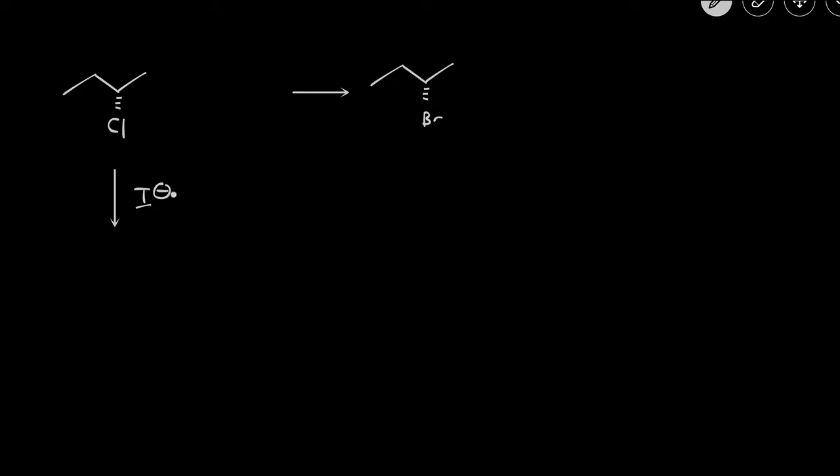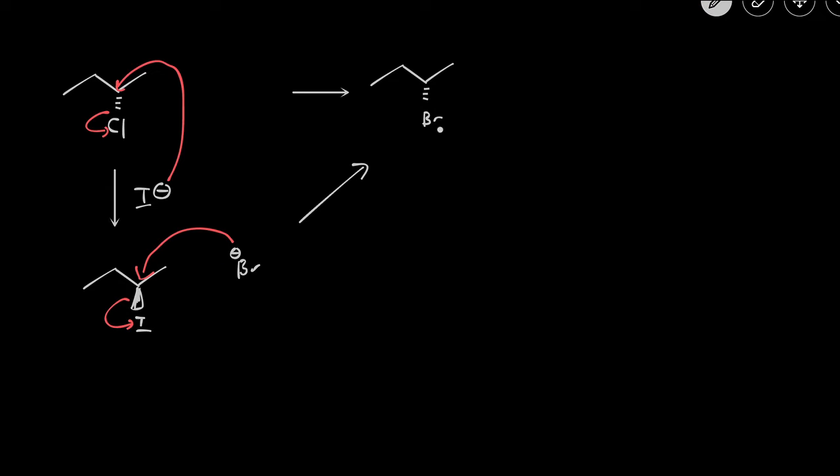So we'll have, say, I minus attack the carbon, and then kick off the leaving group, and that is going to give you the inverted product. So now we're going to have a wedge with an I, and then we can have the Br minus come in and attack there and kick that off, and then that's going to give the desired product.